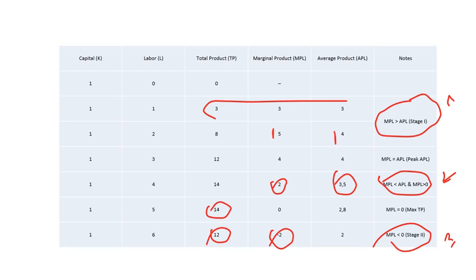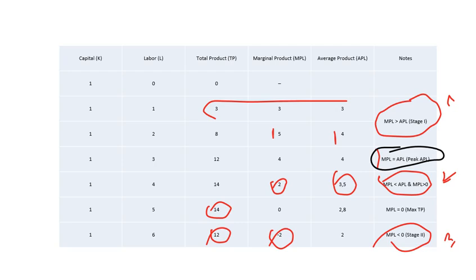Then we have two critical points. The first one is this: when MPL equals APL, at this point APL reaches its maximum. Before that, APL is less than MPL and it is increasing.